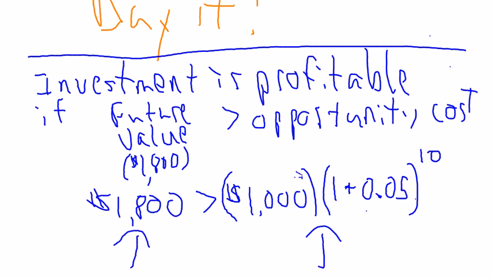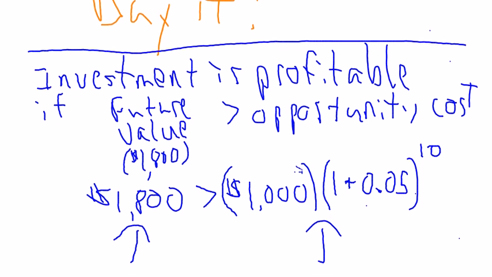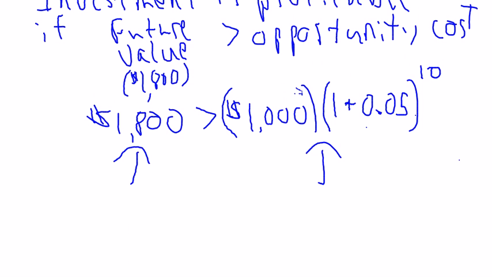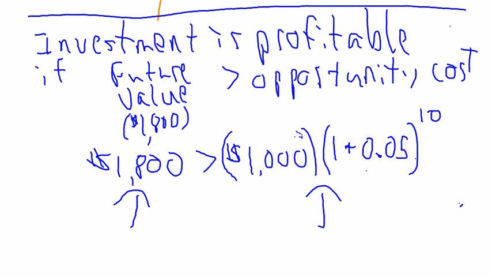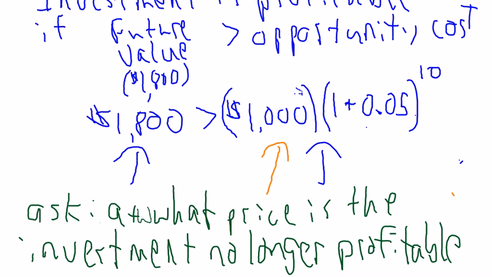Well, maybe we want to ask, how expensive does this investment have to be before it's no longer profitable? In our case, when we could buy the investment at $1,000, it was profitable. But what if it was instead $1,100 or $1,200 to buy? What we want to do now is ask, at what price is the investment no longer profitable?